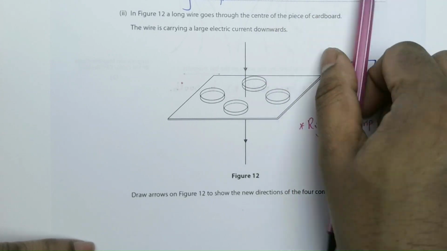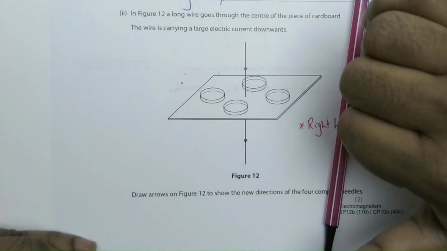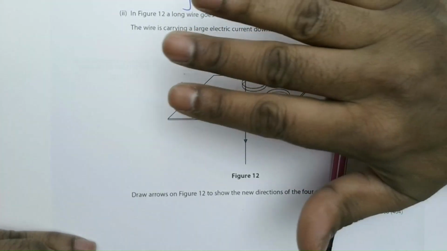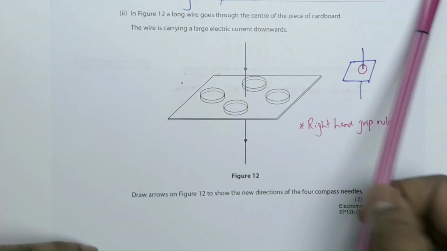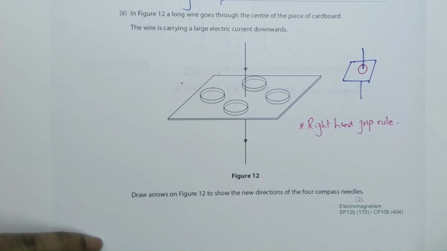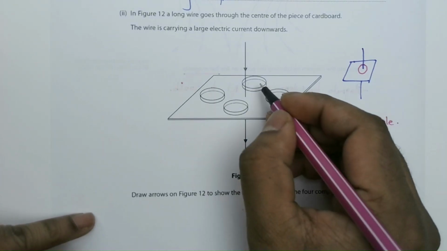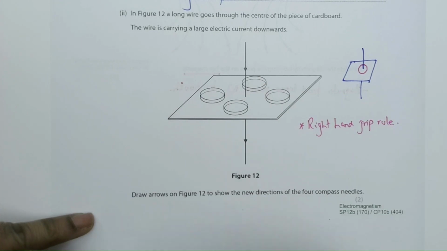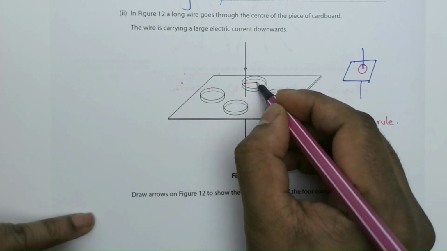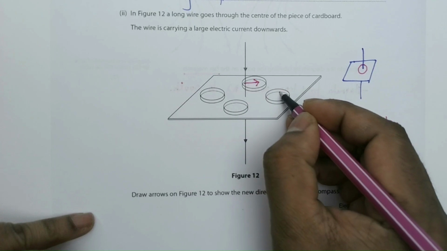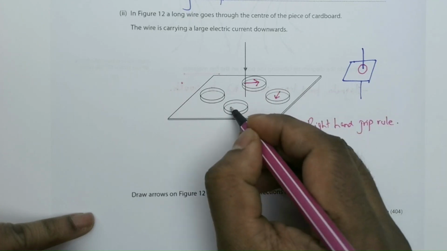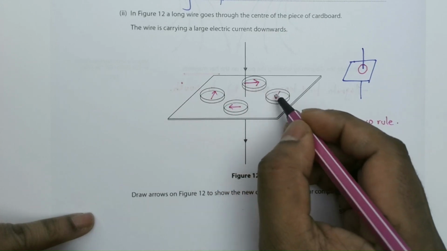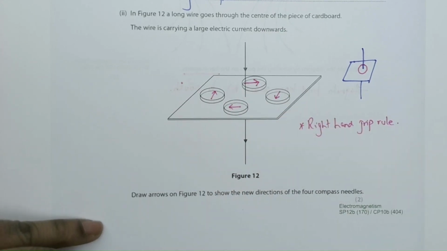So my hand should be pointing like this, right? My fingers are actually pointing in the direction of the magnetic field lines. So it would actually move in the clockwise direction, right? So I would draw an arrow like this, to indicate it's actually moving in this direction.